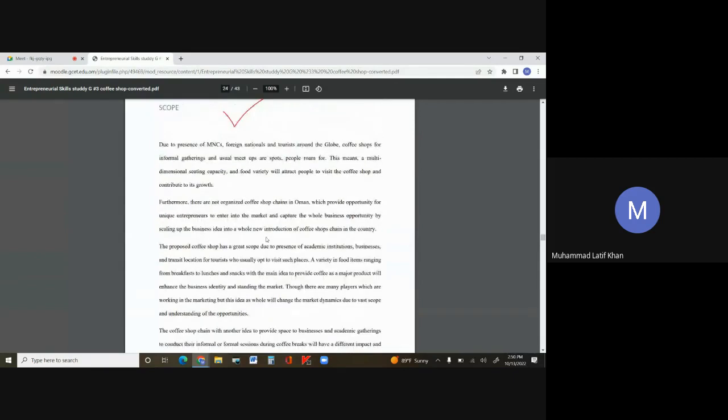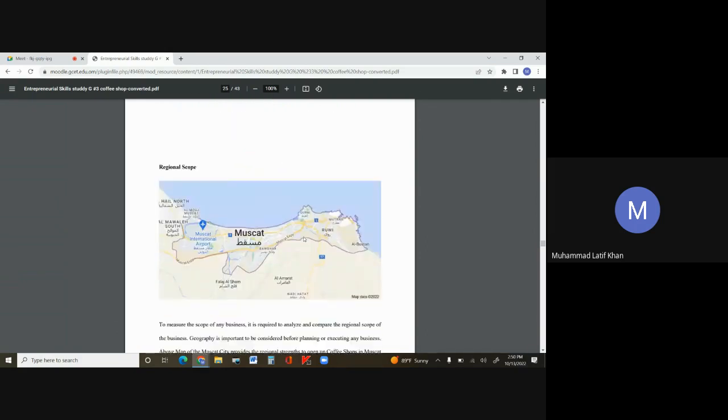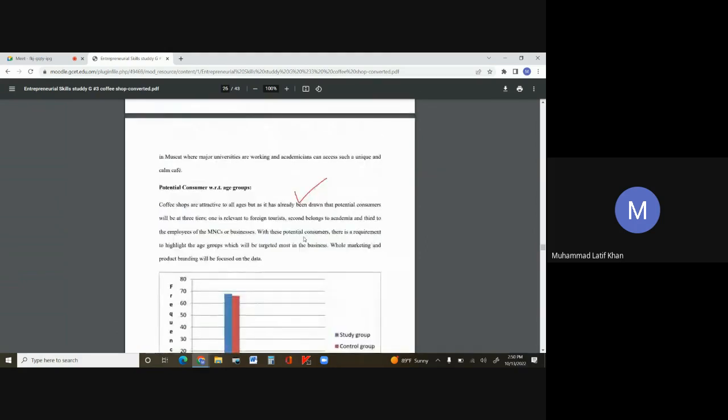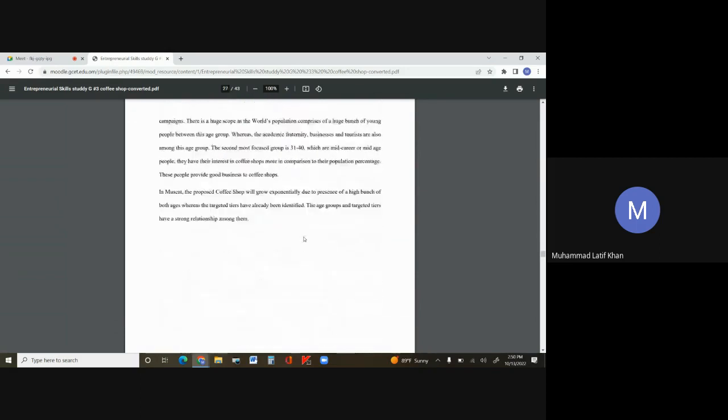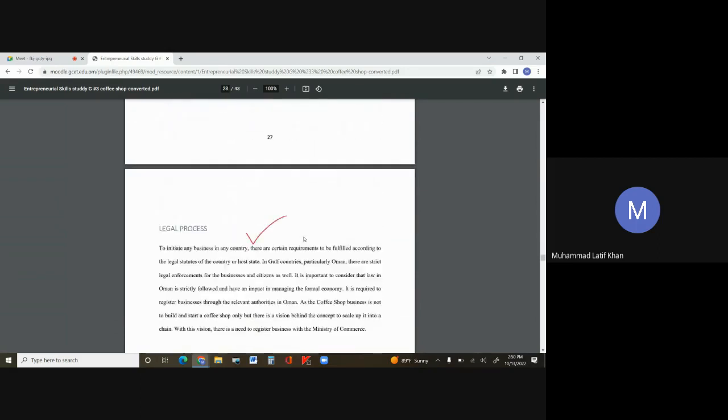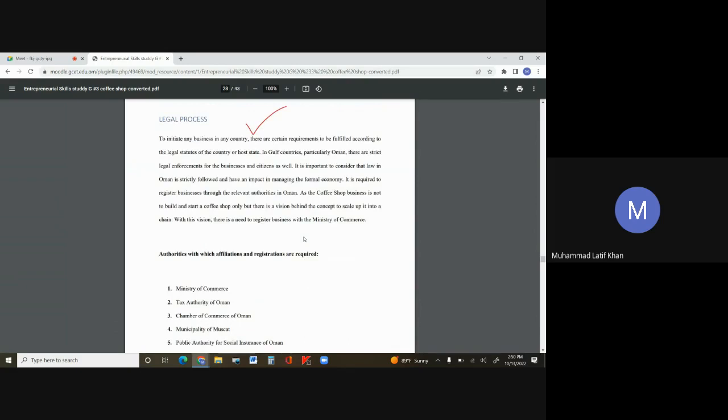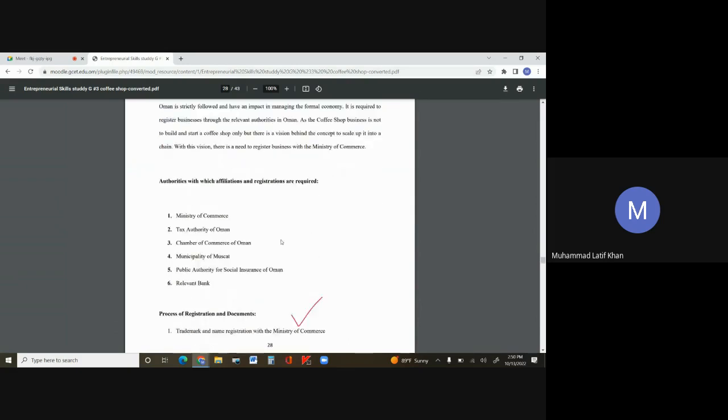Scope meaning scope in terms of financial scope, area scope, people working scope, who will do what. So you need to write the potential, the scope of your product.